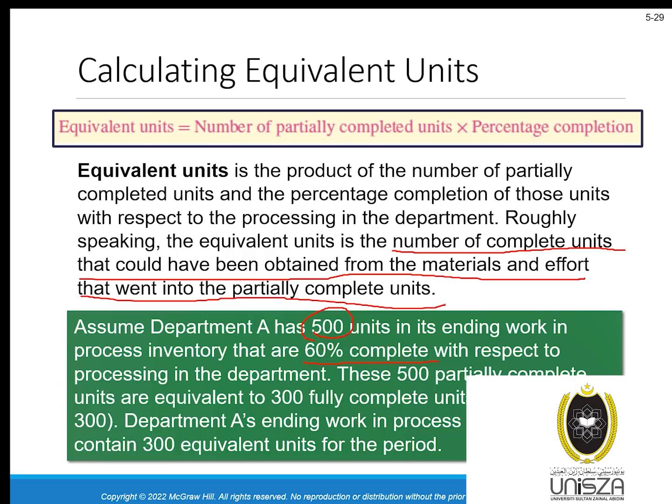So the department A ending WIP inventory would contain 300 equivalent units for the period, meaning the 500 partially completed units are equivalent to 300 completed units.